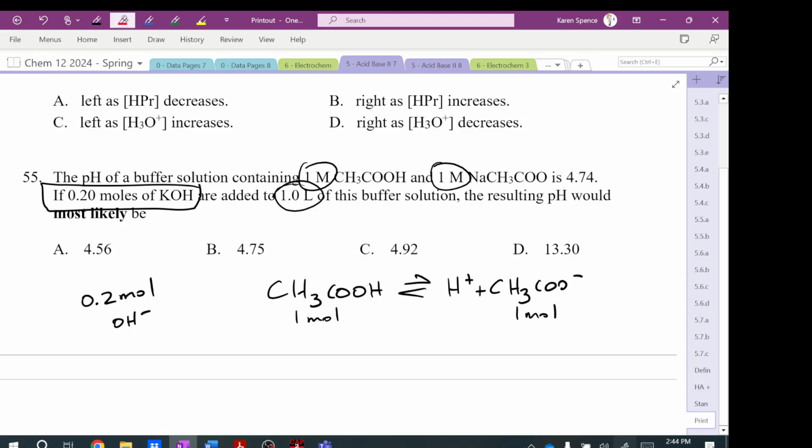When we add OH minus, that will cause water to form, which will shift the equilibrium to the right.